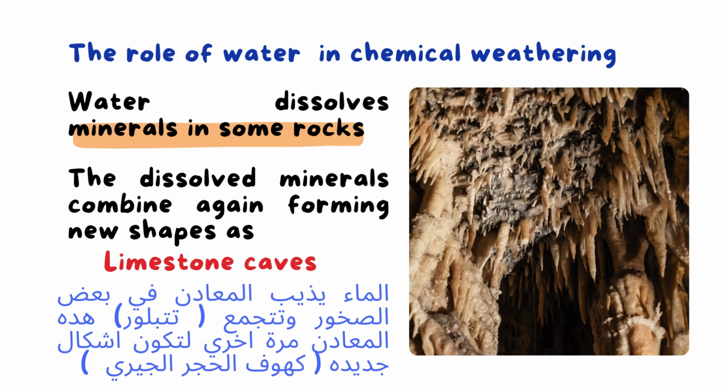As water dissolves some minerals in some rocks, these dissolved minerals can collect again and form new shapes. As you see here, this is an example, a limestone cave, okay?